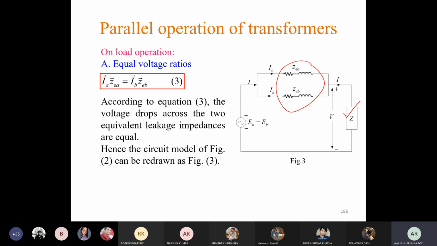Okay, as we know, if two DC voltage sources, if we connect them in parallel, then the voltage that appears across this terminal will be equal to the voltage of the source which is having higher magnitude.